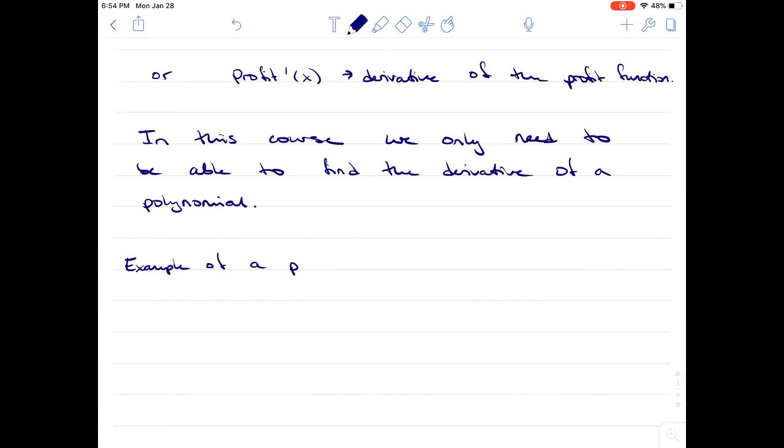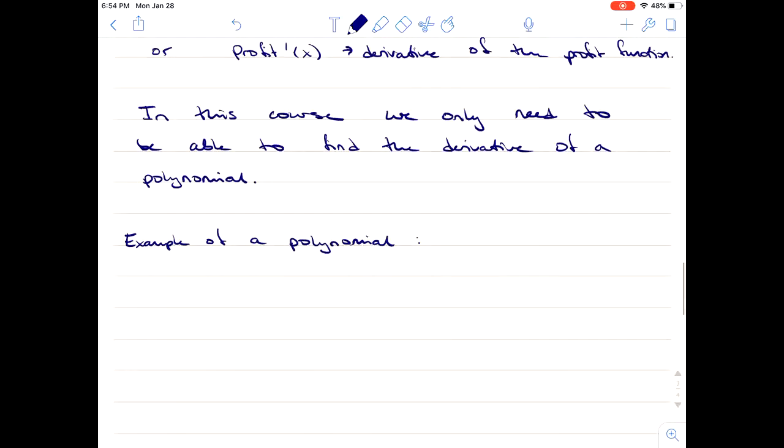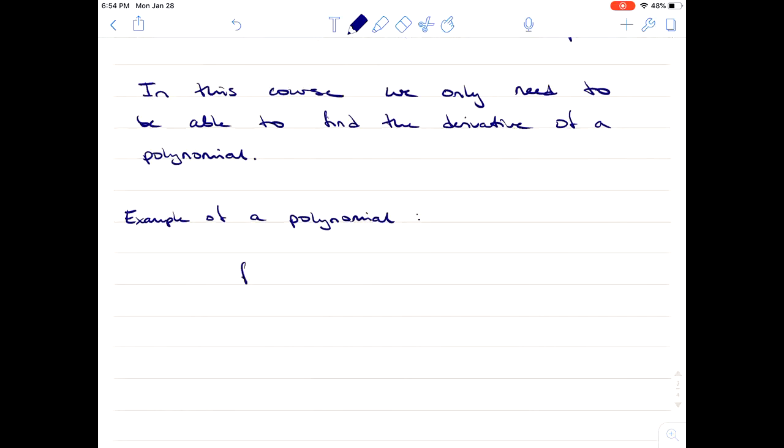Example of a polynomial is something like f of x is 3x to the 4 plus 6x to the 3 plus x squared plus 3. Right. Nothing crazy.